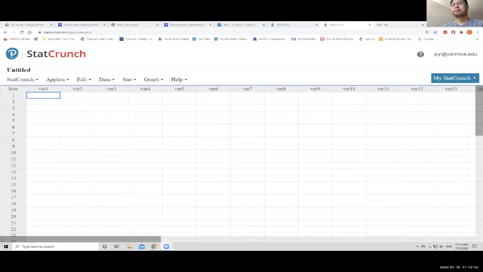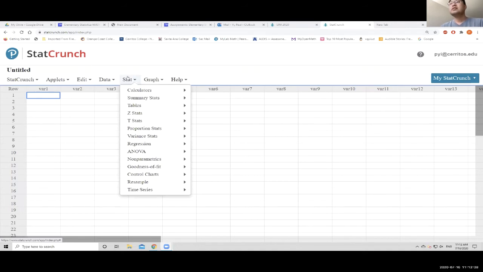You all have your StatCrunches open, yes? What we want to do is go to Stat. Since we're dealing with proportion, go to the proportion statistic, just like we did before with the confidence interval for proportion.